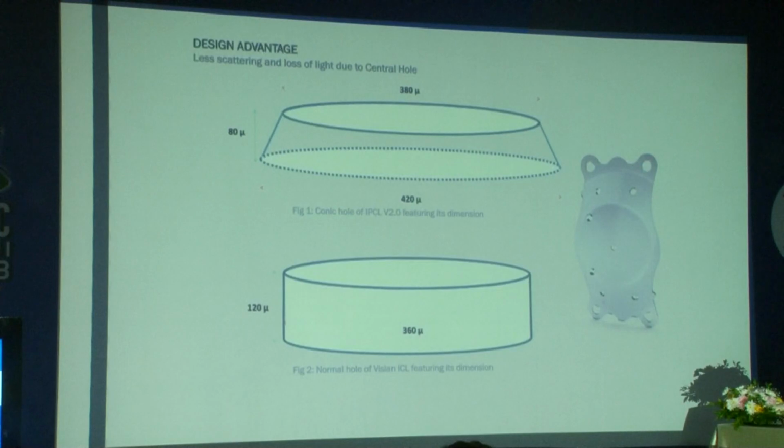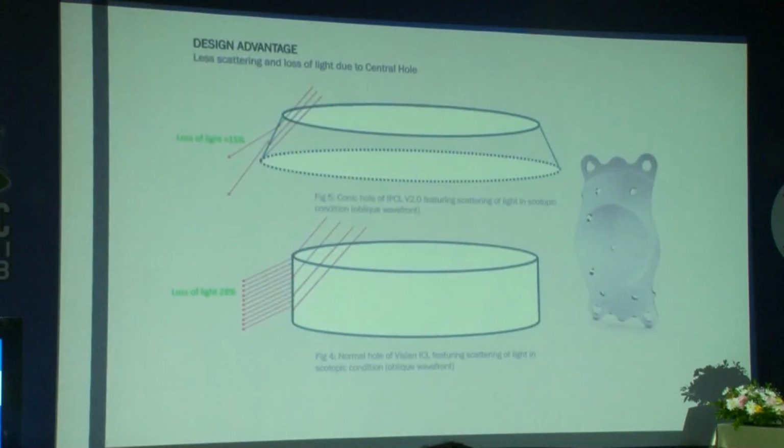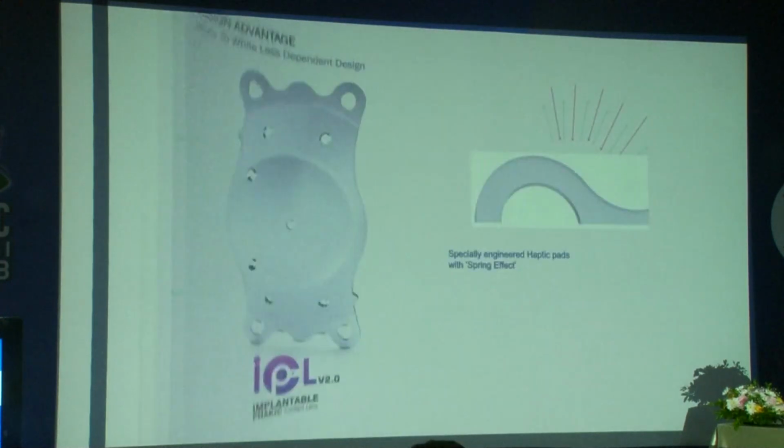So the central hole of this lens is slightly different in design. It's conical in shape versus the regular hole of the ICL, and the company says that is to reduce the incidence of light scattering in photopic as well as mesopic conditions. The light scattered and lost is lesser with this kind of design of the hole.